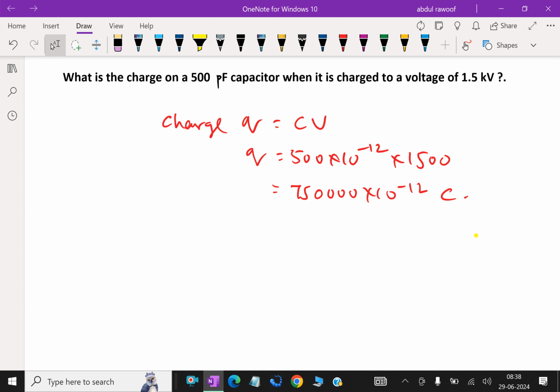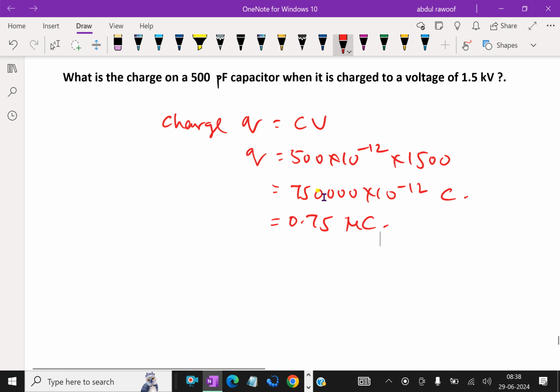Then in microcoulomb, we can write this much coulomb as 0.75 microcoulomb.